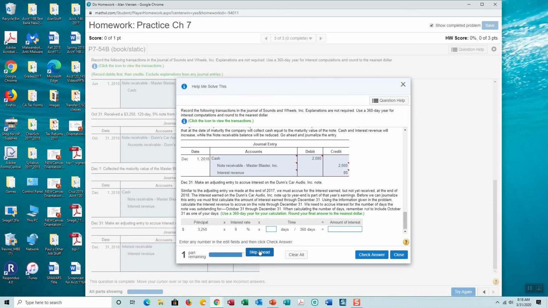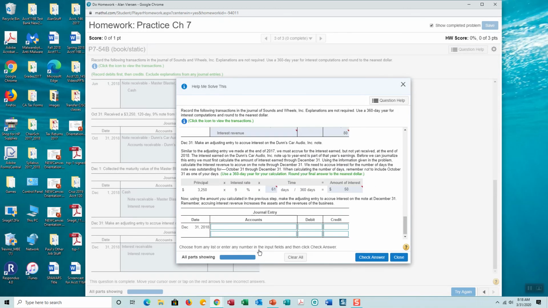Getting all the way down to the last problem, it tells me I had to use 61 days, and it explains why: remember not to include October 31 in your days. It was 30 days and then 31 days, for a total of 61 days.